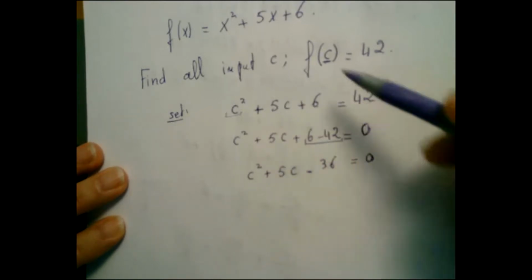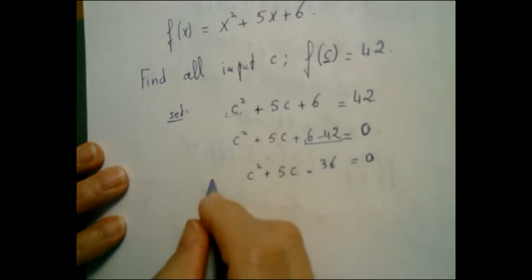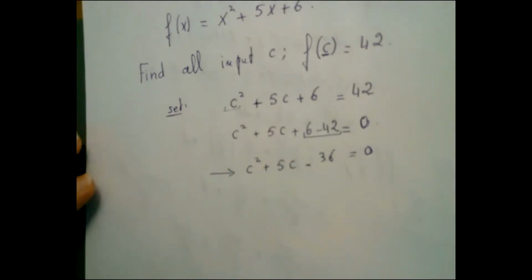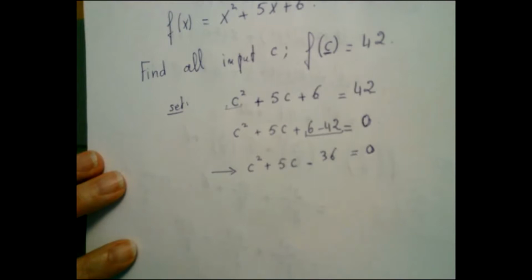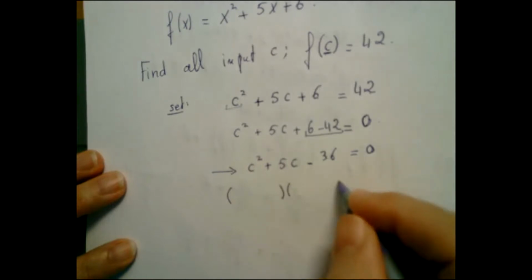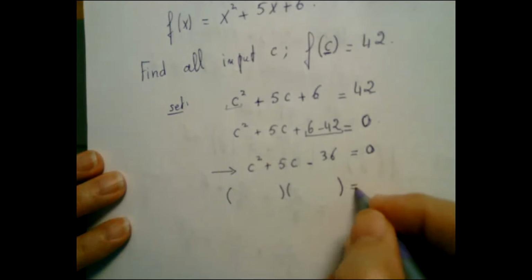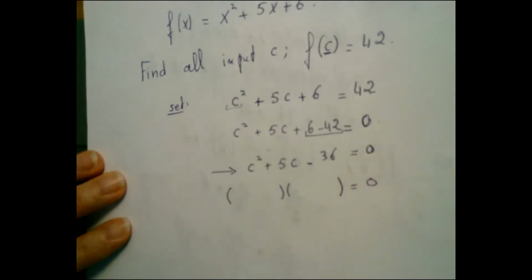So step number 1, when I'm solving a quadratic, is to make it equal to 0. Once I hit that stage, remember how we solve? At this stage, we try to factor. That's the only way we will solve a quadratic. We factor this out and we set it equal to 0.